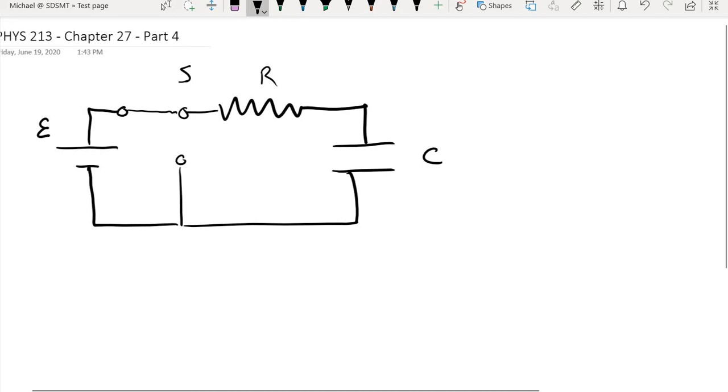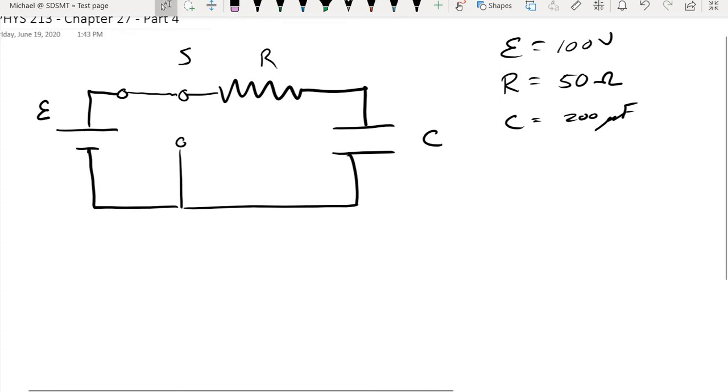So we don't need to worry about this right now. And our battery, our resistor, and our capacitor will all have certain values associated with them. If we need to, we can put some values in right now, but I don't plan on using these for a while yet. We'll say 50 ohms and 200 microfarads for the capacitor.